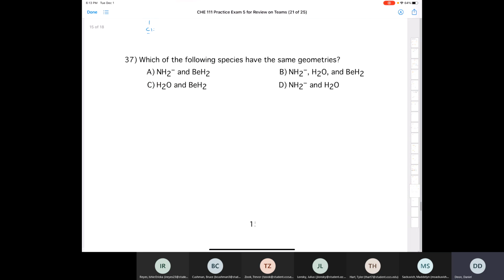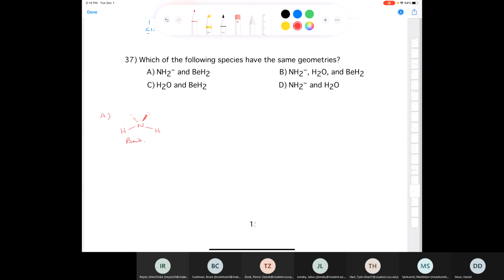Question 37, which of the following species have the same geometries? Well, if we look at A, it is amide, as I told you earlier on, and we looked at the Lewis structure and molecular geometry of this earlier this evening, so I'm not going to spend a lot of time on that. The amide looks like this. It is bent, and then beryllium hydride, BeH2, is going to be linear because beryllium is only going to have 2 bonds.